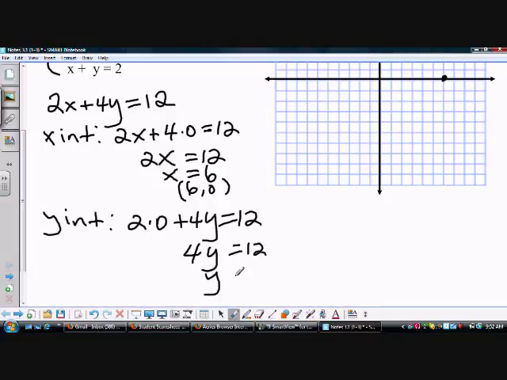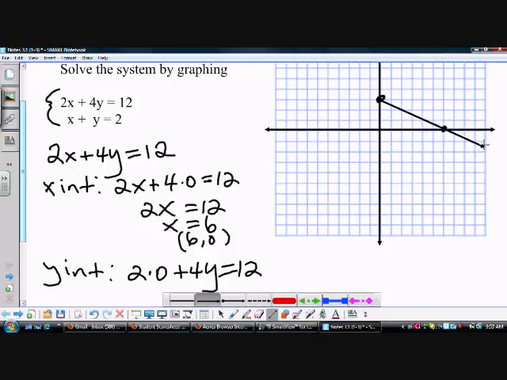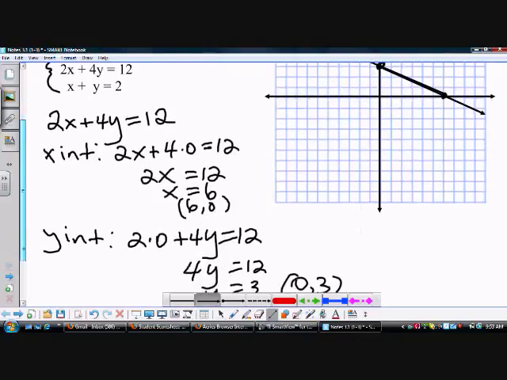Divide by 4, and y equals 3, so that is the point 0 comma 3. 1, 2, 3. Make the line that connects those two. Use your straight edge. You tend to get it a little better. Okay. The second equation, x plus y equals 2.